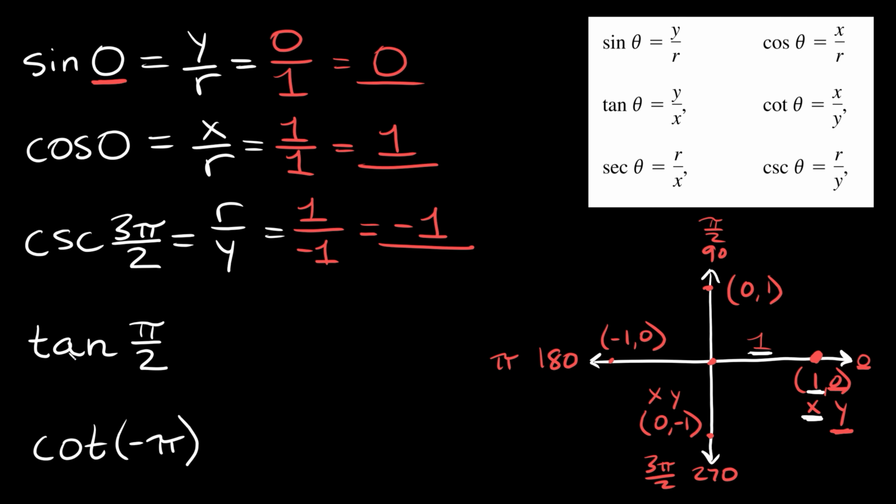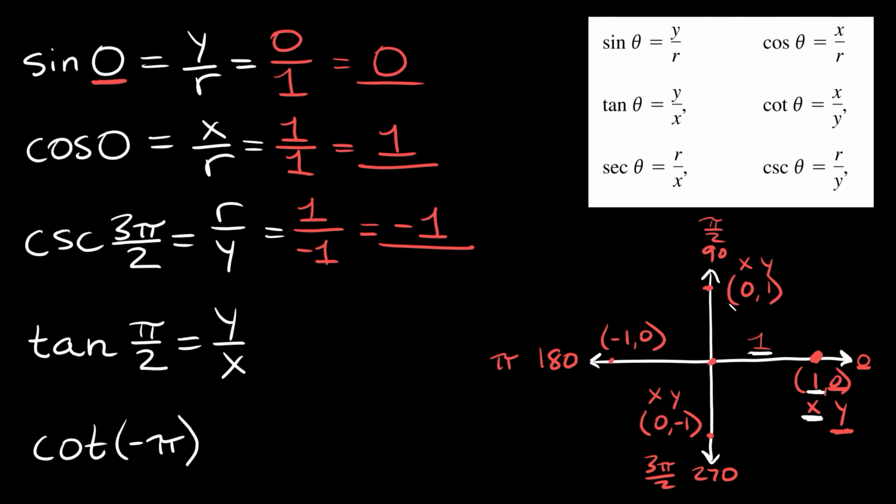Now, what about the tangent of pi over 2? Let's look at what tangent is equal to. The tangent is equal to y over x. So we want to figure out what x and y are equal to at pi over 2, which is up here at 90 degrees. This is our x coordinate, this is our y coordinate. Let's plug those two in for y and x.